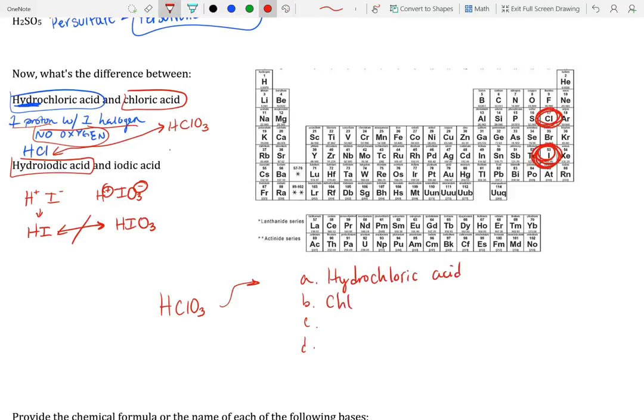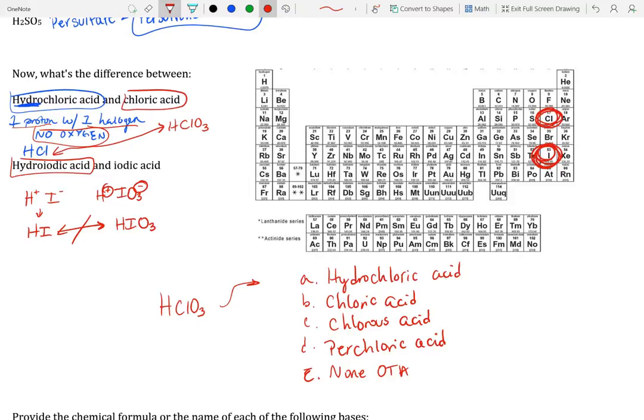This is chloric acid. This is chlorous acid. And then let's just say perchloric acid. And answer choice E, let's just call this none of the above. Okay?